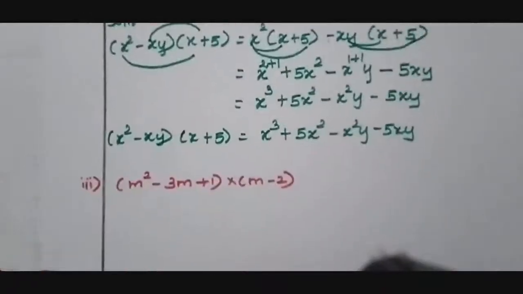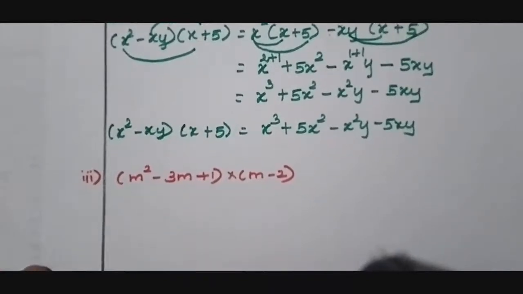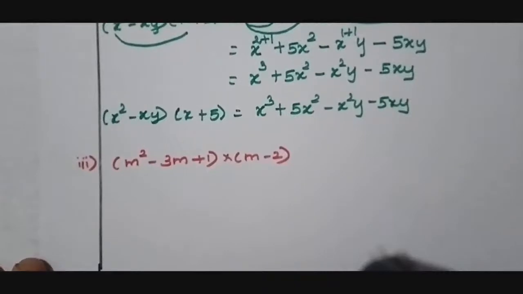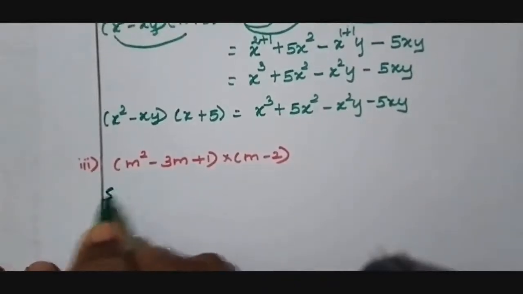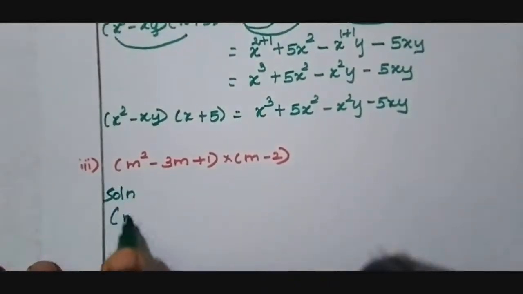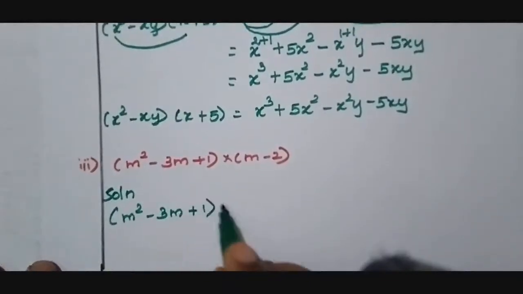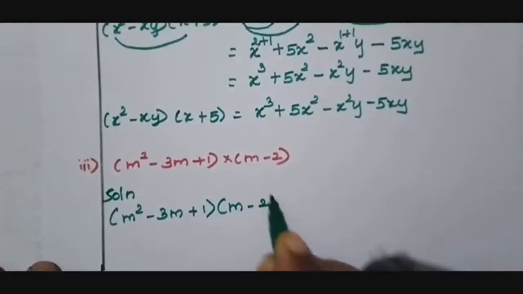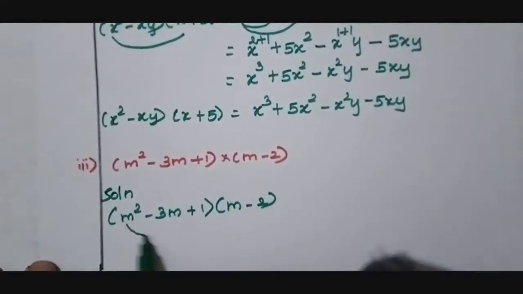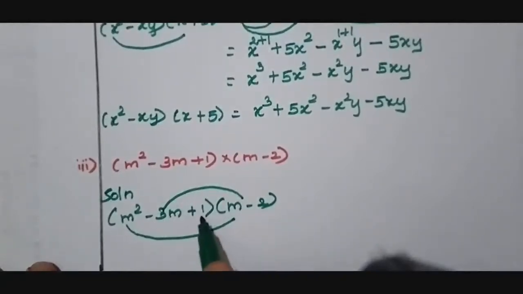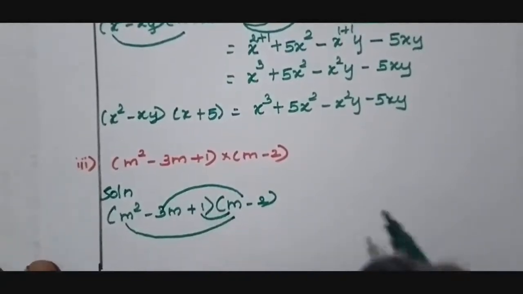Third question, m square minus 3m plus 1 into m minus 2. Multiply this m square with the second expression, then multiply this minus 3m with the second expression, then multiply this 1 with the second expression.